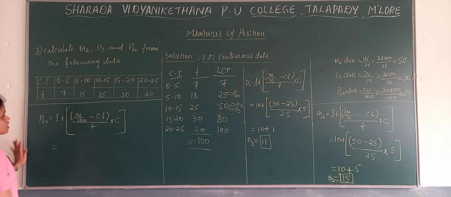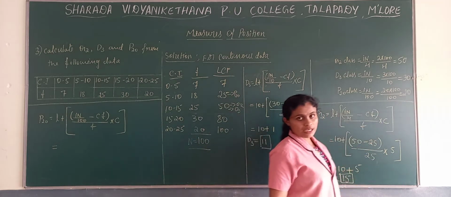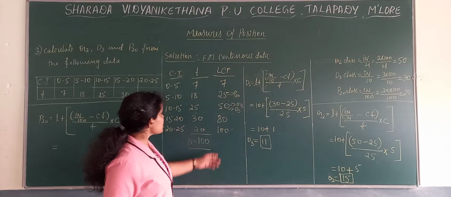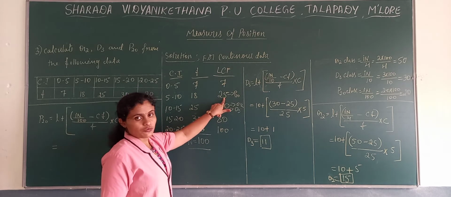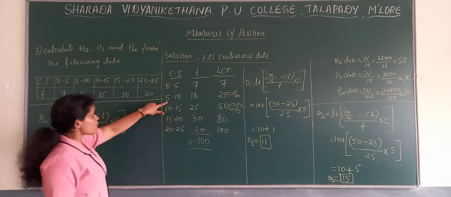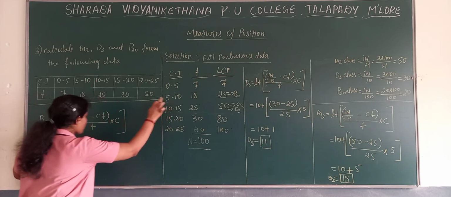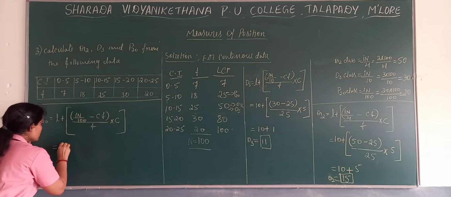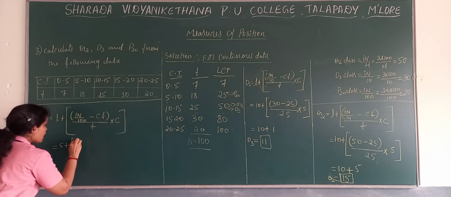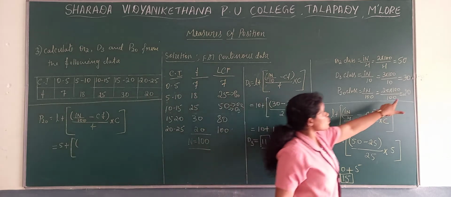See, which is your percentile class? Here the percentile class: when we see the LCF, 20 will fall here. So this is your percentile class. Now observe the percentile class. What is the lower limit? The lower limit is 5 there, plus N by 100, which we got as 20 here.